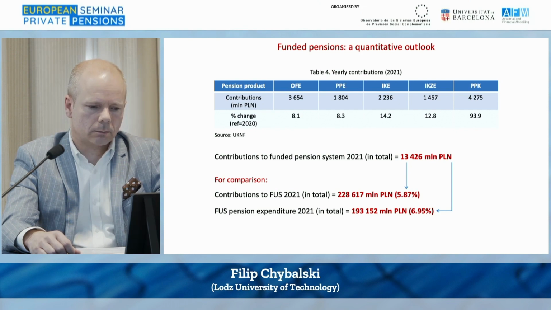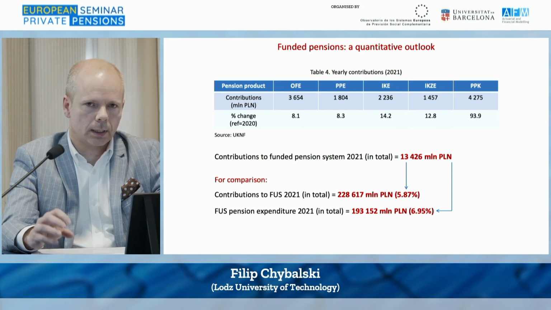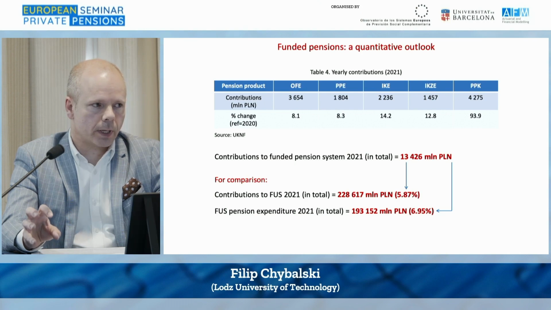For comparison, to the pay-go system, it was over 200 billion, and as mentioned before, almost 200 billion złotych are spent on expenditure from the first pillar in Poland. So as you can see, today, the funded part of the Polish pension system is actually very, very, very marginal.